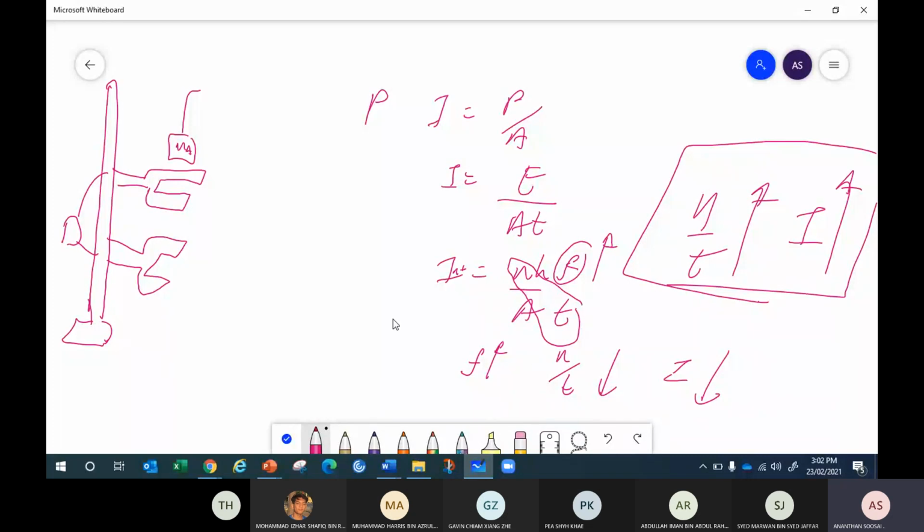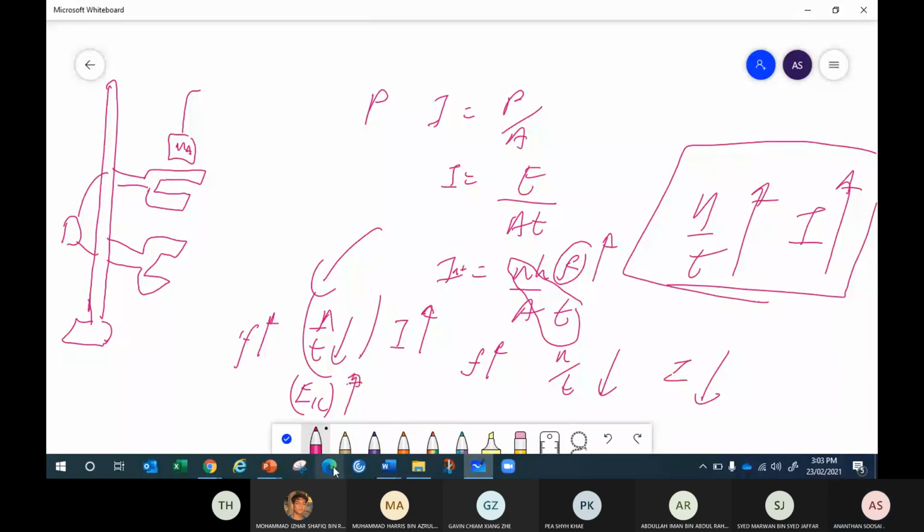But some books say frequency raised, N over T of course dropping, but current is rising, and they never tell the reason. Of course it's linked to kinetic energy. Kinetic energy also rises, right? So the greater the kinetic energy, and current is rate of flow of charge, more charge will flow in a second, so more current.